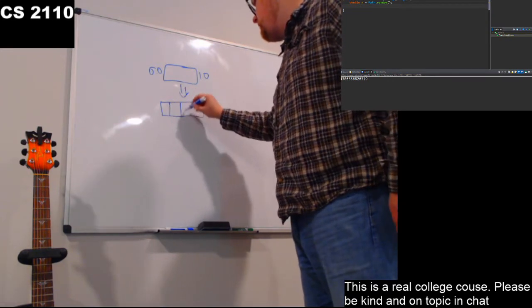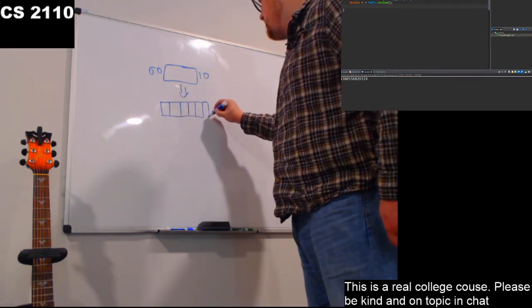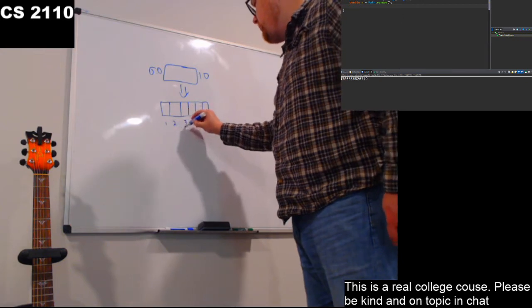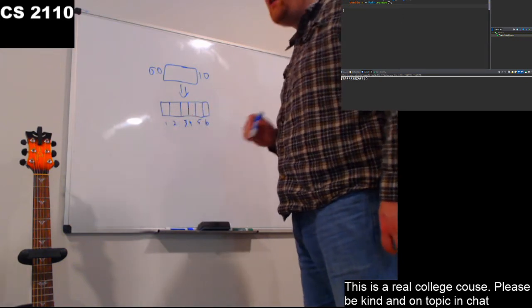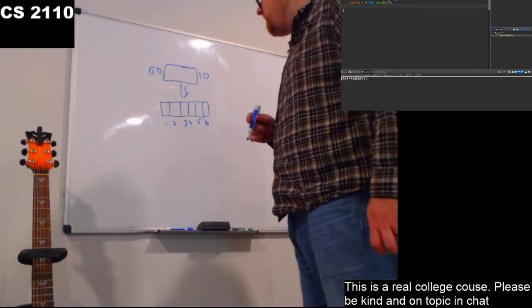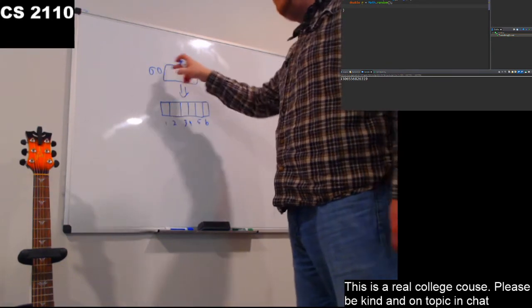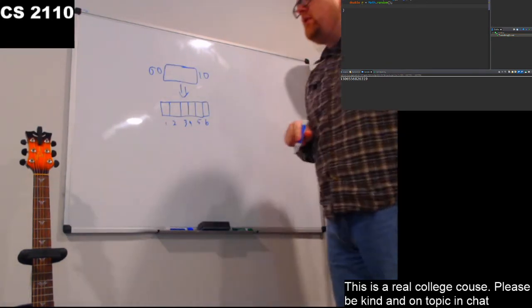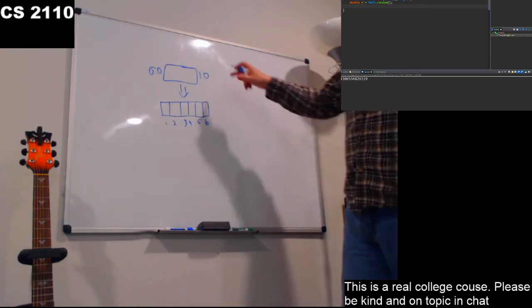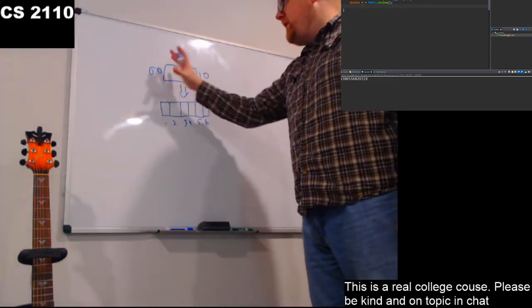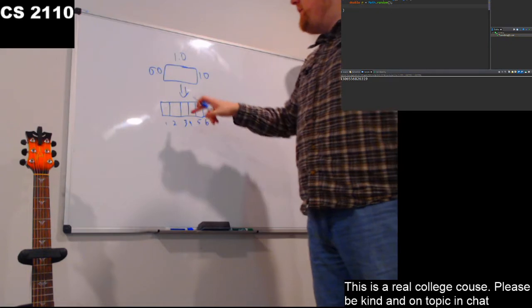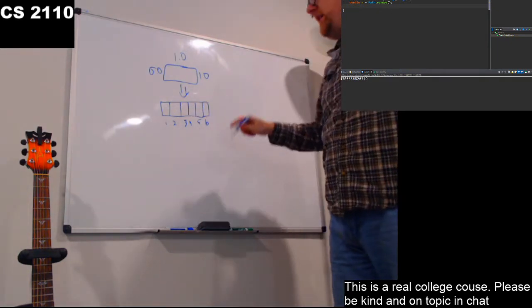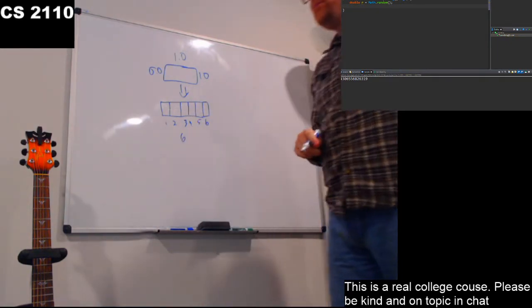I want discrete range numbers 1, 2, 3, 4, 5, and 6. We're assuming a die. So if I want to convert one of these, well, let's think about this. The width of this is 1. The width of this, there's a possibility of 6.